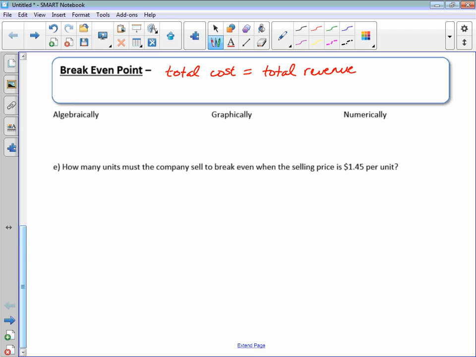Okay, so let's change it a little. How many units does the company have to sell to break even if they sell them for $1.45 each instead of $1.20? So think about if your cost equation changes or your revenue equation or both, what do you do?